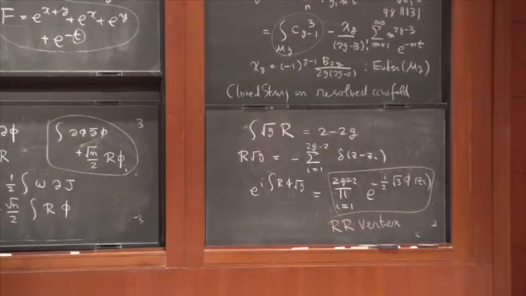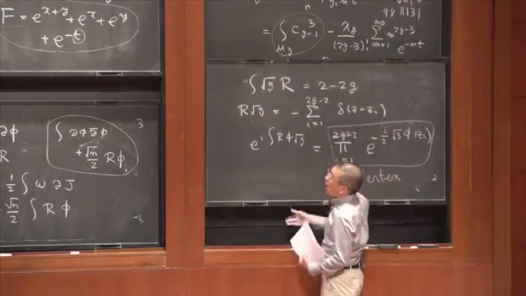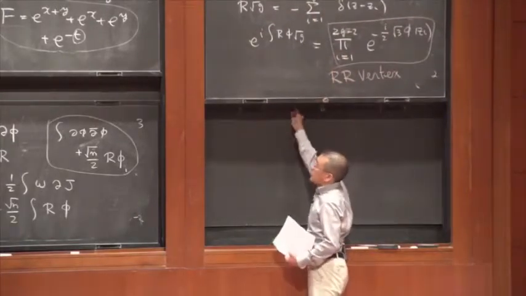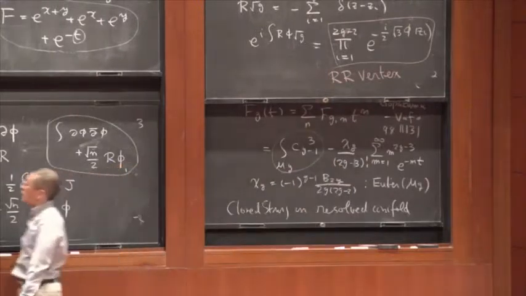So the graviphoton vertex operator has to have this type of component to it. So this naturally shows why the topological string amplitude has anything to do with the graviphoton scattering amplitude.